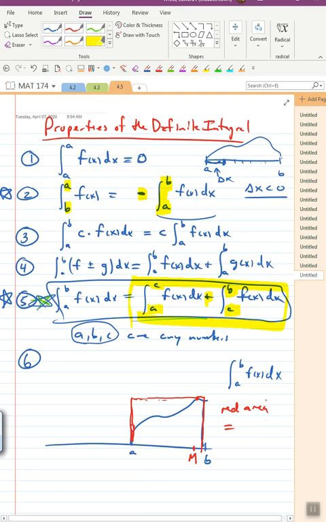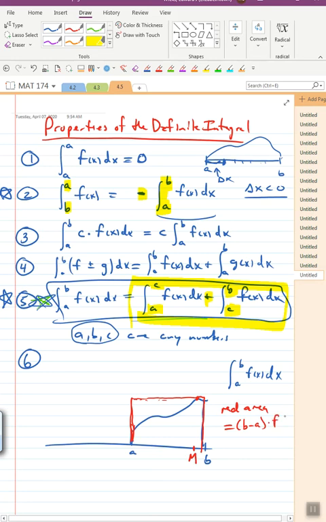Would you do F of A times F of M? Not quite. What's the width of the rectangle? The distance between A to B, or B minus A, I guess. Yep, good. What's the height?